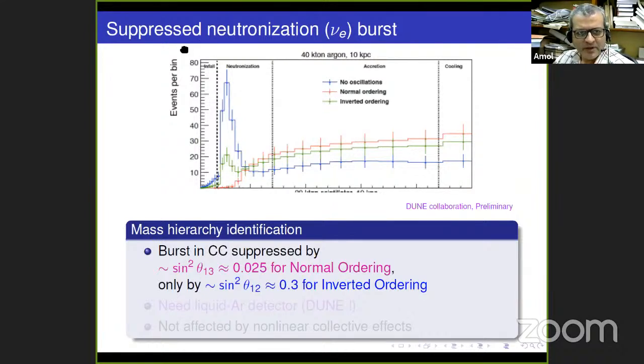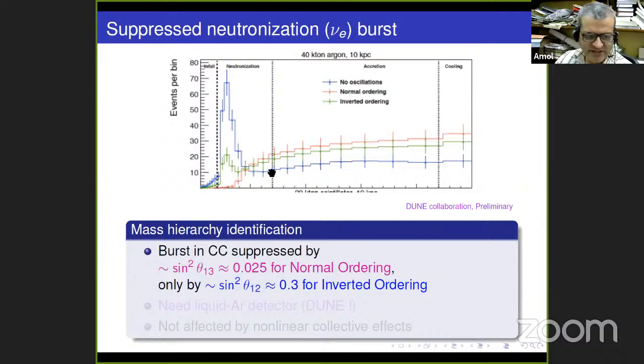So let's say we go to a liquid argon detector, like DUNE, and we try to see what spectrum we will see. What you see here, the x-axis is time. This is about a few milliseconds, the window of neutronization. If there were no oscillations, the flux would be like this, which is the blue line that you see here.